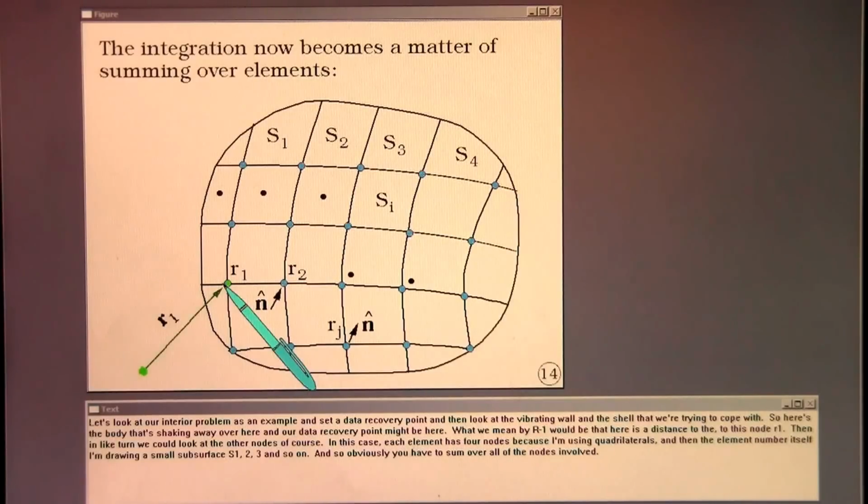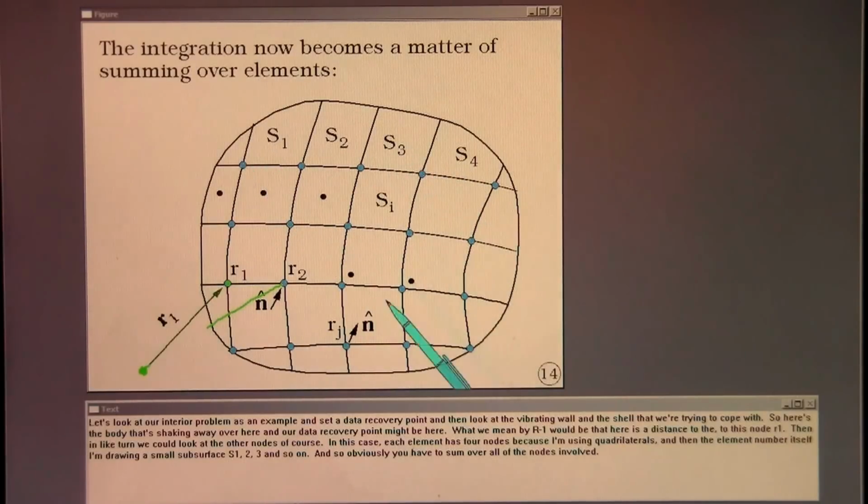Then, in like turn, we could look at the other nodes, of course. In this case, each element has 4 nodes because I'm using quadrilaterals. And then the element number itself, I'm drawing as small subsurfaces, S1, 2, 3, and so on. And so obviously you have to sum over all of the nodes involved.